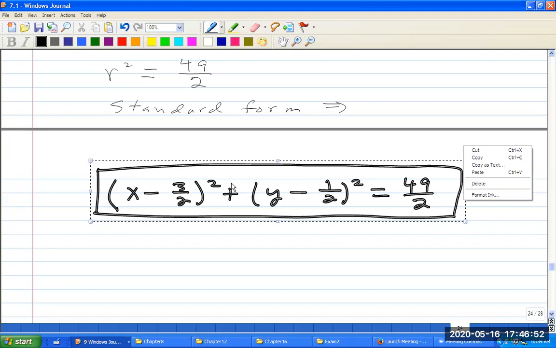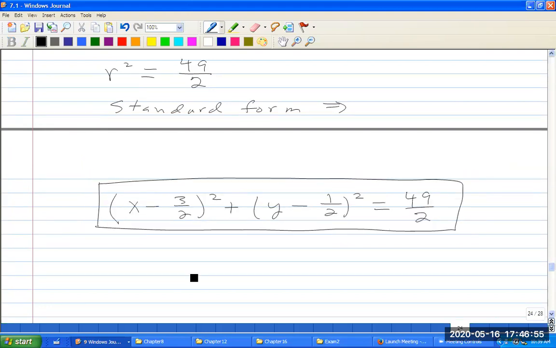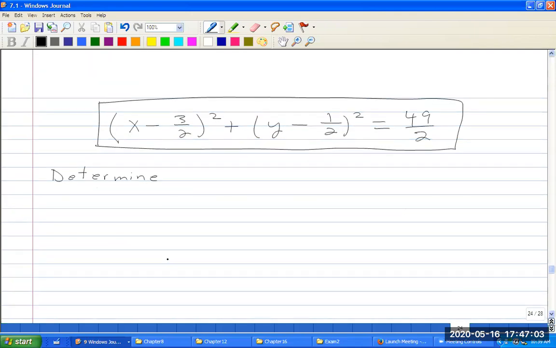Now let's try to determine the equation in general form. So the equation in general form is, well, let's square this out.